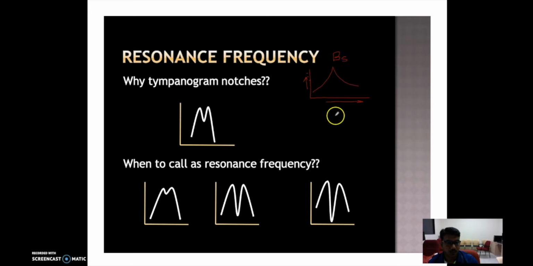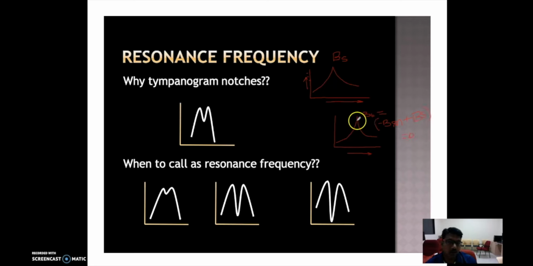In a multi-component tympanometry, we are not measuring BS, we are measuring B total. I told you in the previous slide that this graph represents BT, that is the combination of minus BM plus BS.